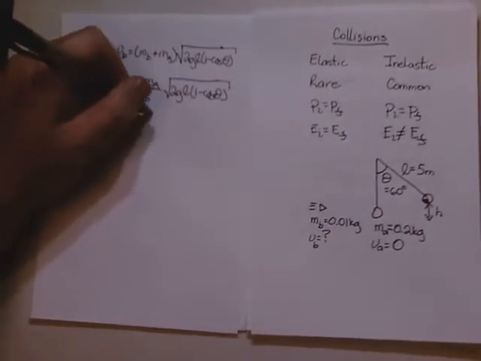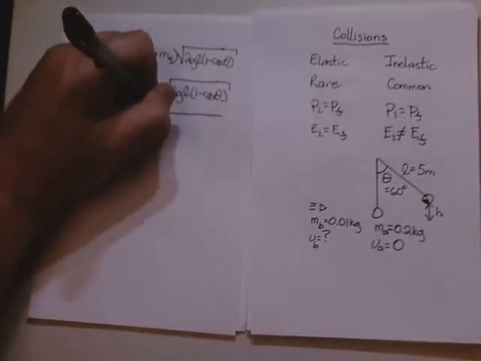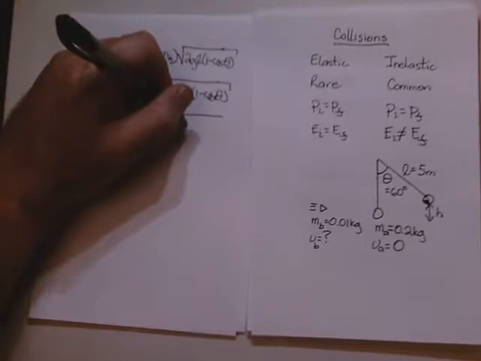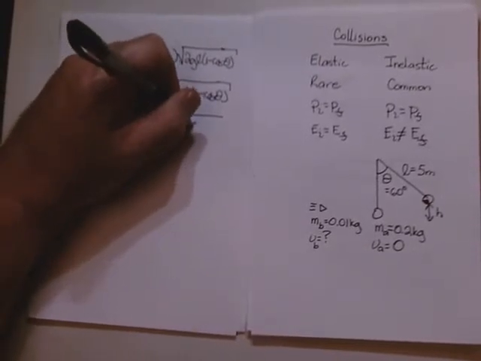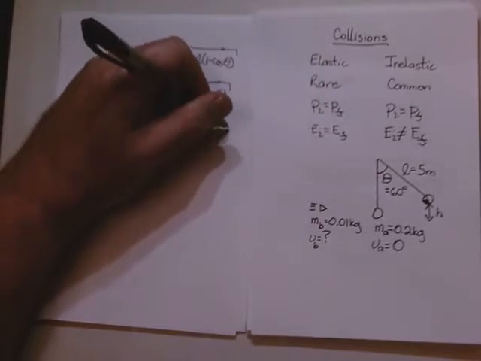Mass of the arm, 0.2. 0.01. 2 times 9.8 times 5. 1 minus cosine of 60.